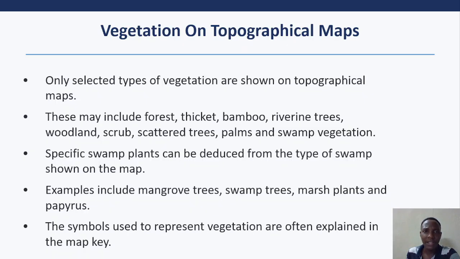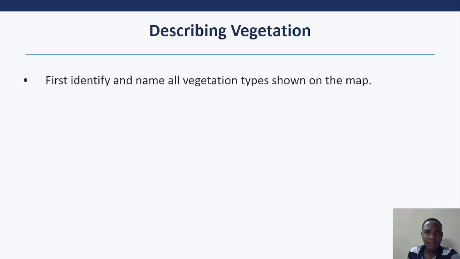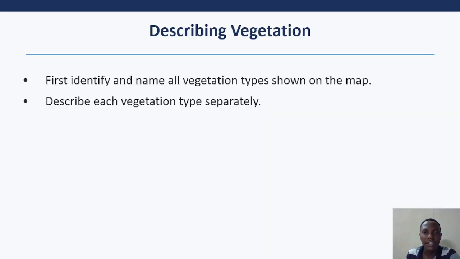So that's how we can tell the various kinds of vegetation on the topographic map. The map key will show the various symbols used to represent the vegetation shown on the map. Now, describing vegetation, here are the steps. First, identify and name all the vegetation types shown on the map. Then describe each vegetation type separately.